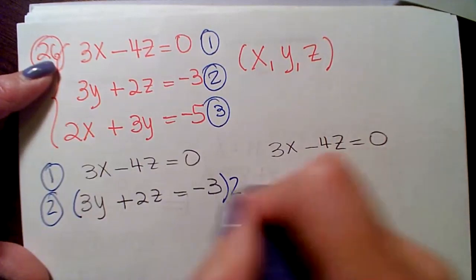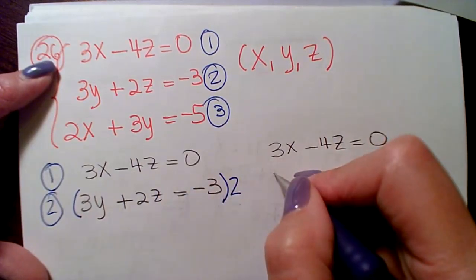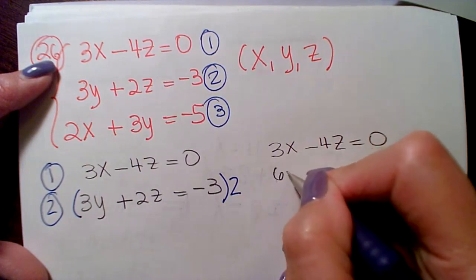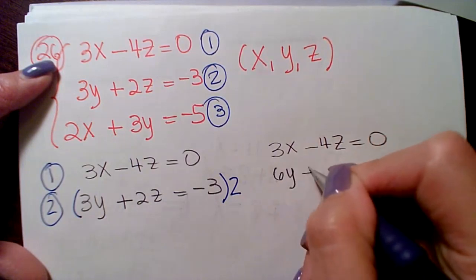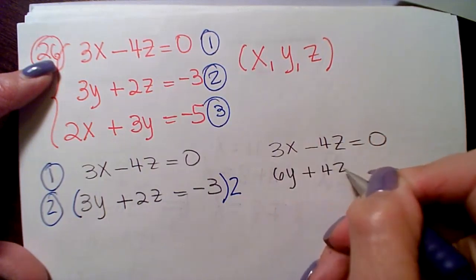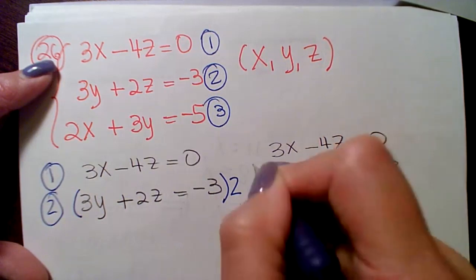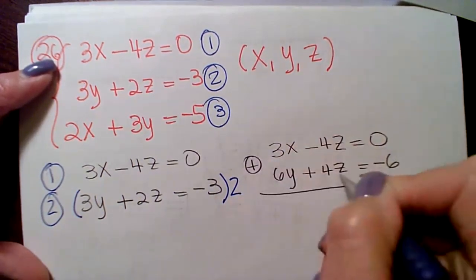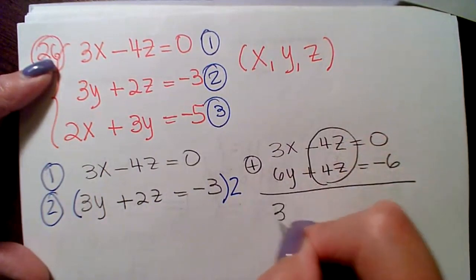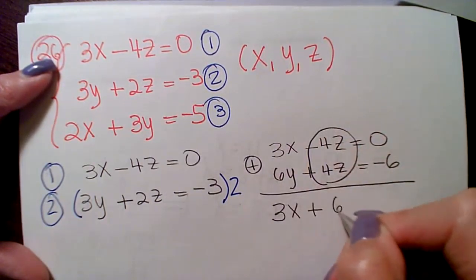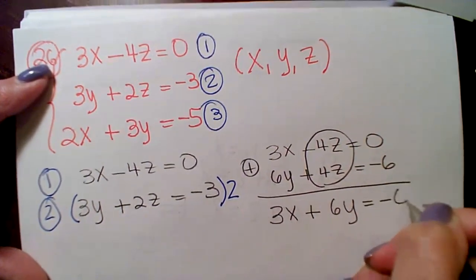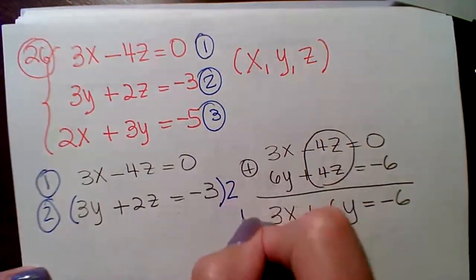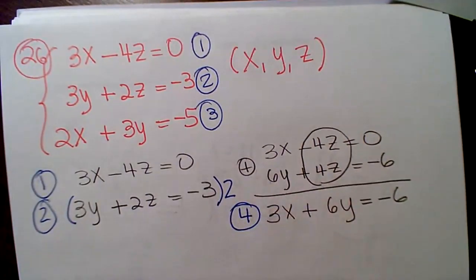It's going to be 6y plus 4z equals negative 6, right? So this is 3x plus 6y equals negative 6, and that's going to be our fourth equation.